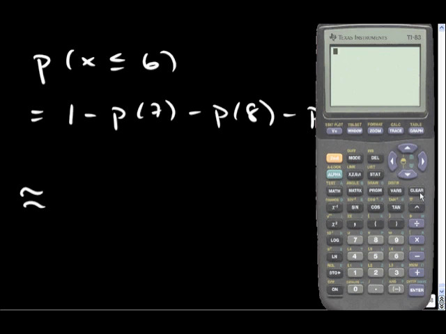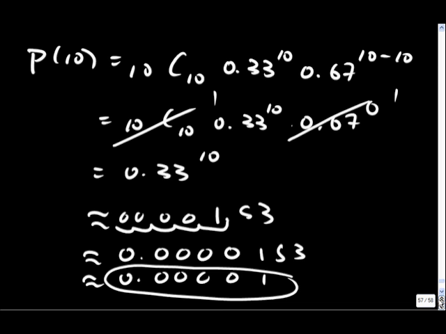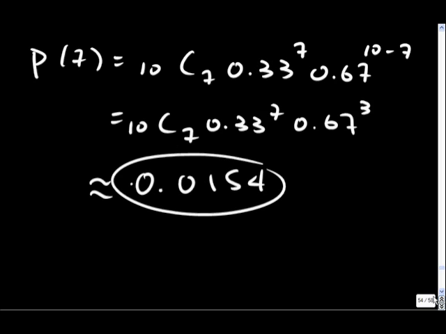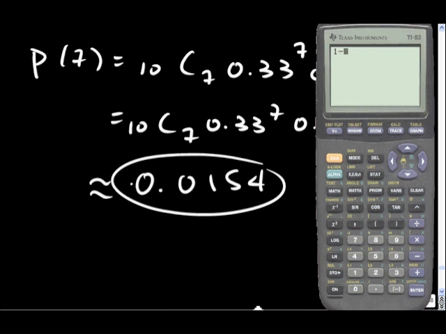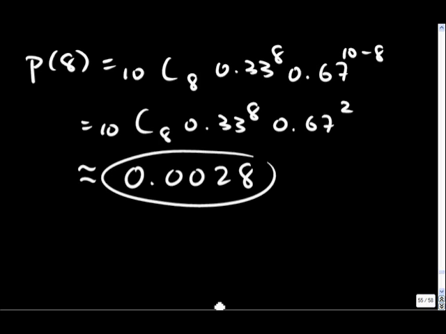In order to do this, I'm going to have to go back and scroll to find all these values, starting with P of 7. I'm going to subtract 0.0154 from 1. I'm going to subtract 0.0028.